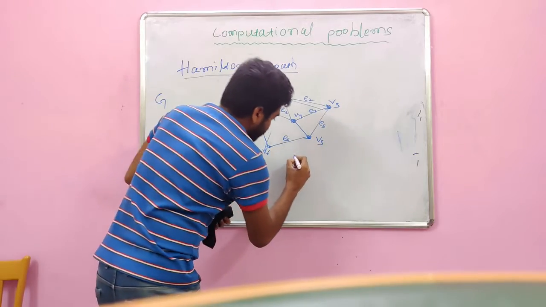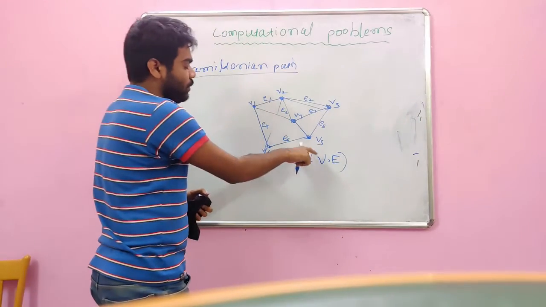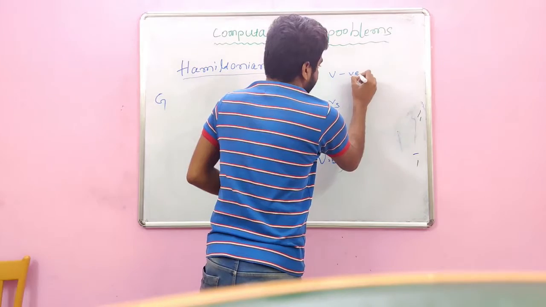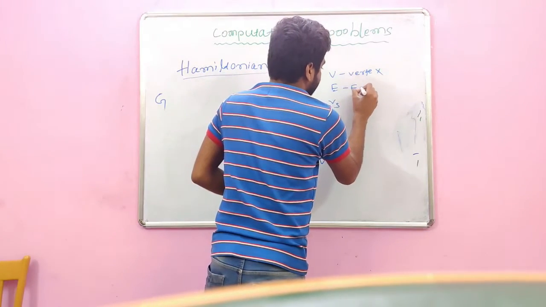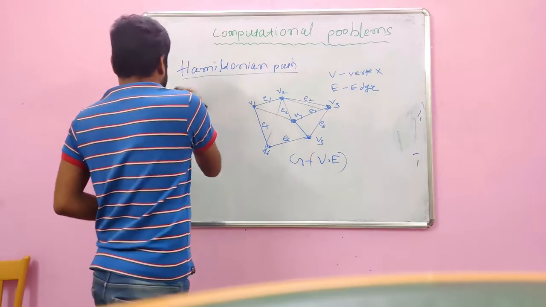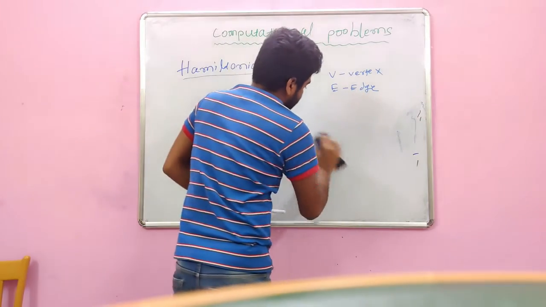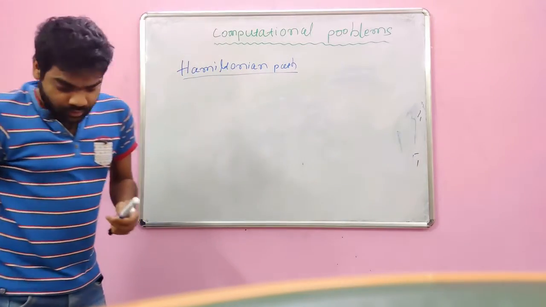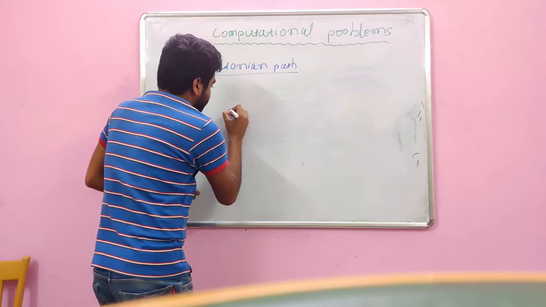This is written like this: V determines your vertex and E is your edge. So I will give an example of a Hamiltonian path. Suppose this is the graph.